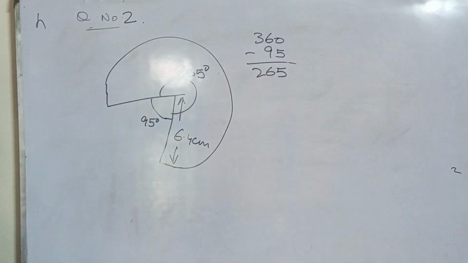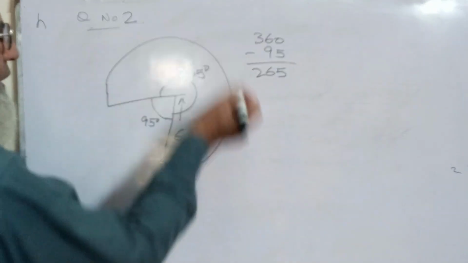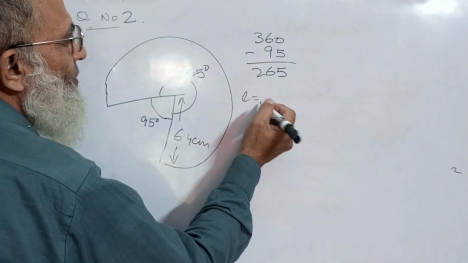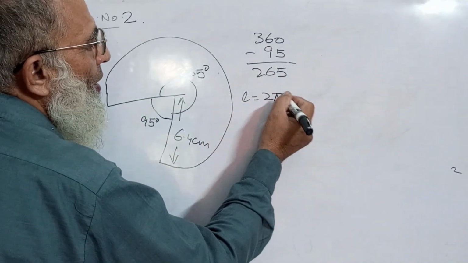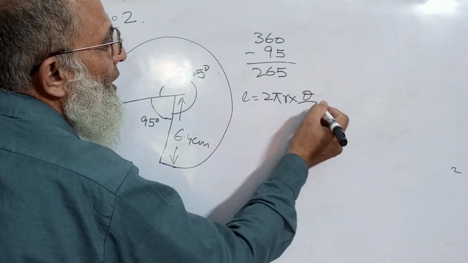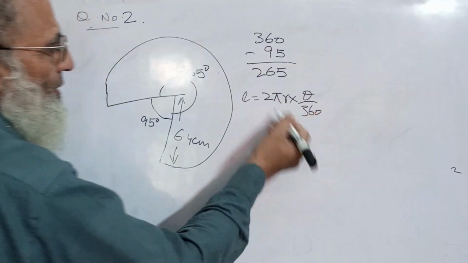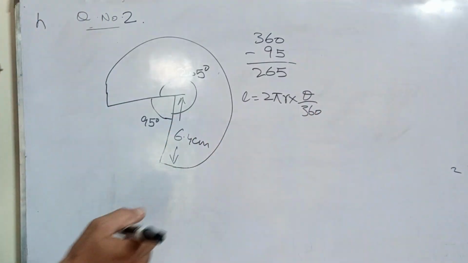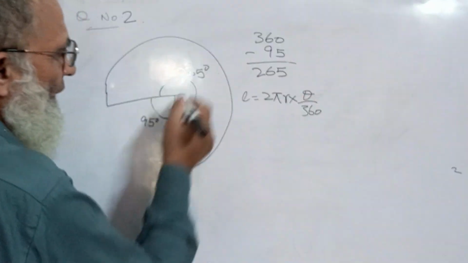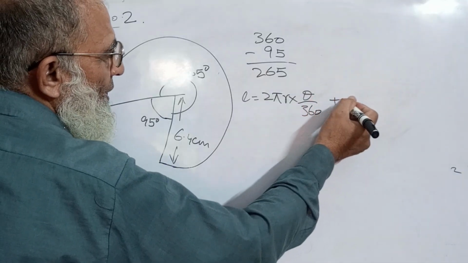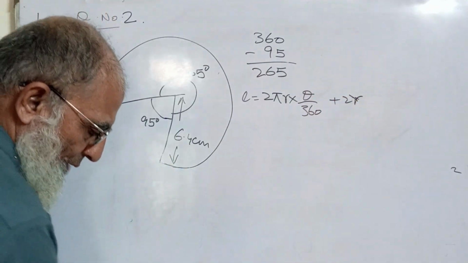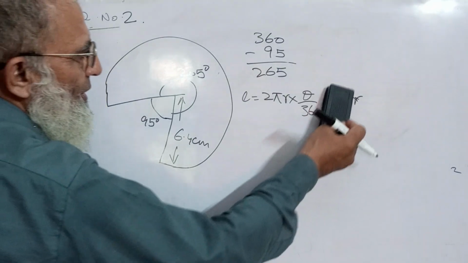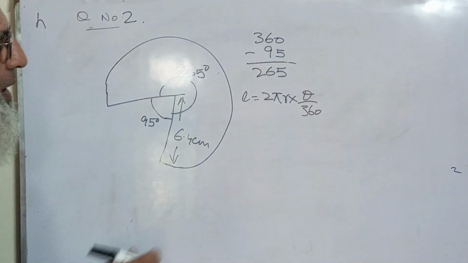Now the question remains the same. Now we have to find the arc length. L is equal to 2 pi r multiplied by theta upon 360. In the previous one we had to find this as well, but now we don't have to find this, because only arc length is asked.